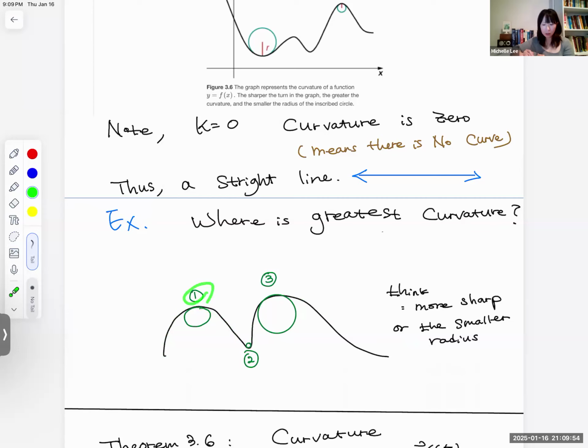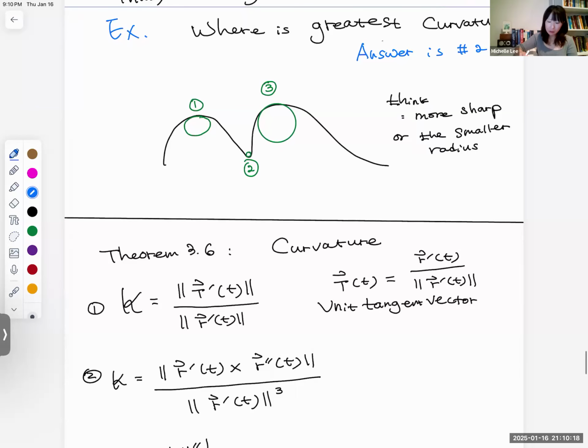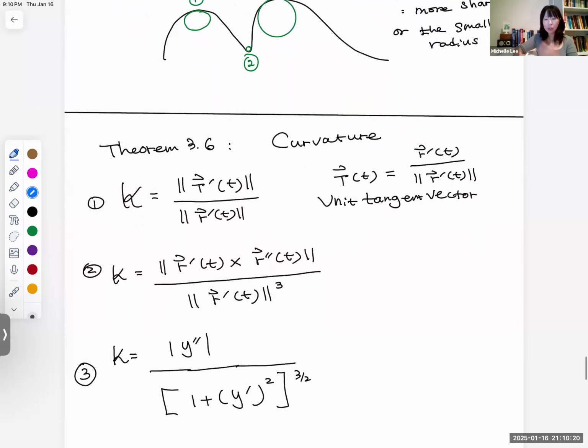Number one, number two, number three. Number two, right? Think more sharp or smaller radius. So the answer is number two. Make sense?